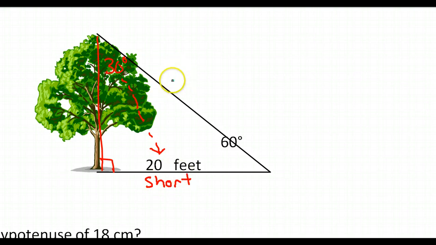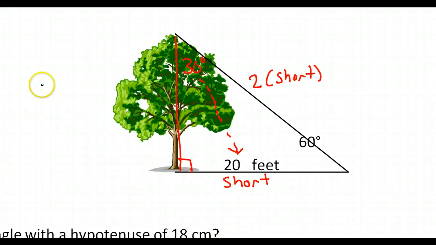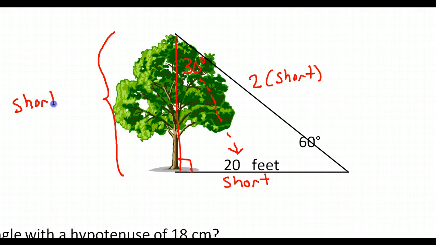Of course this is the hypotenuse, so that's 2 short. But the tree, the altitude here, is the long leg. See how it's across from the 60? So this is the side that should be short radical 3. This whole deal right here is short radical 3.